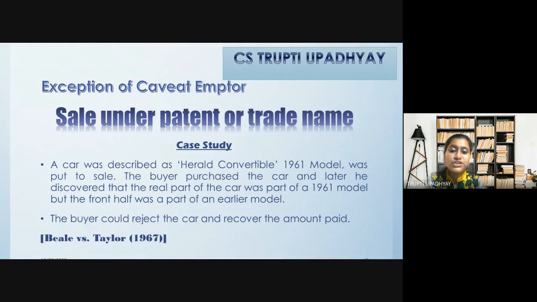The buyer could reject the car and recover the amount paid, because the brand mentioned was the Herald Convertible 1961 model, and the car was not meeting that. The rear part was meeting it, but the front was not meeting the brand which was specified. So obviously this condition is breached here. The buyer has a right to reject the car, and he can get the full amount which he has paid to the seller.